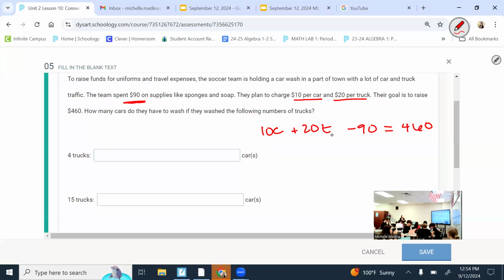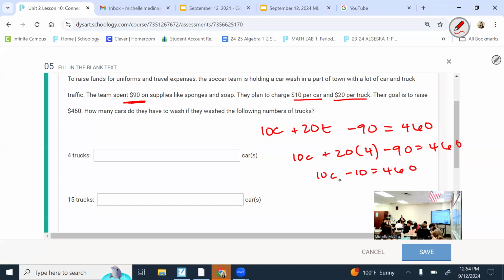So if I have 4 trucks, hold on. And I want to figure out how many cars. Well, what I'm figuring out is the unknown, so it's going to stay a variable. The 4 trucks needs to go in the T spot. And then I need to solve. So what is 20 times 4? 80. What's 80 minus 90? -10.